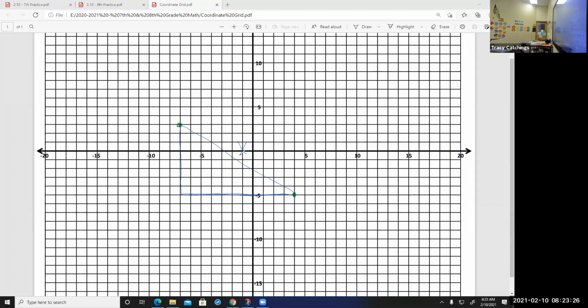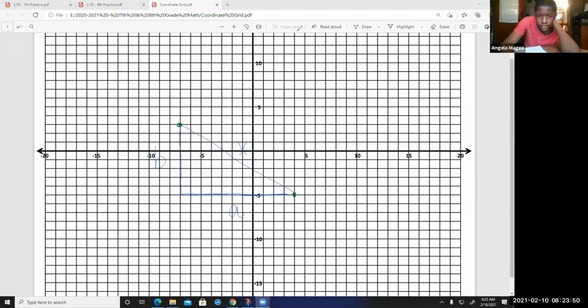So now that we have made that triangle, what do we need to get? A and B. Good job. A and B or our legs. We're going to call this one A. We're going to call the other one B. So if you can see, someone tell us how many units we have for A.